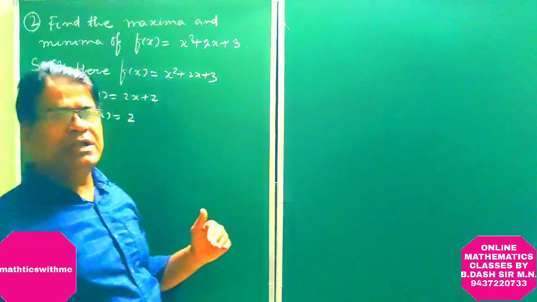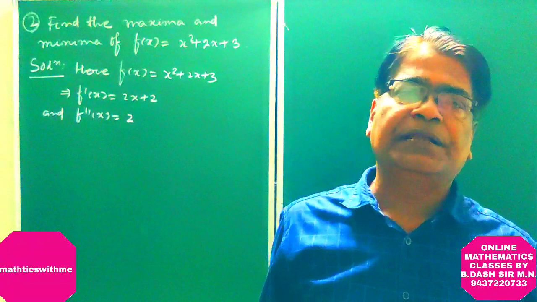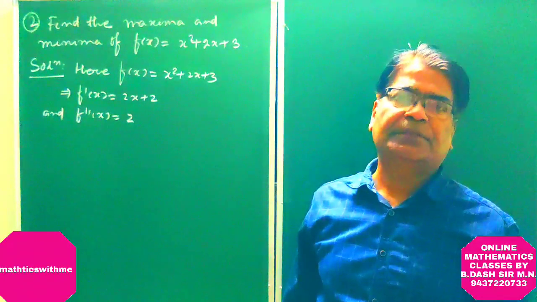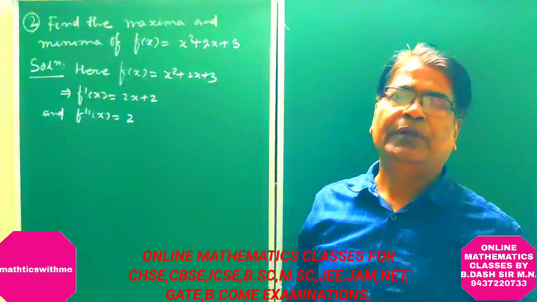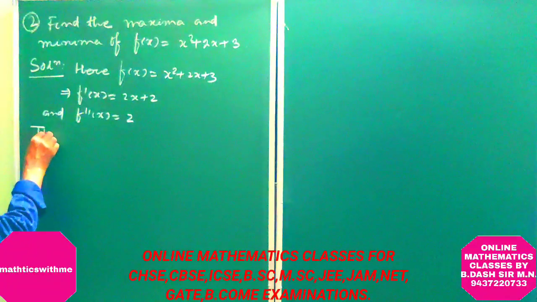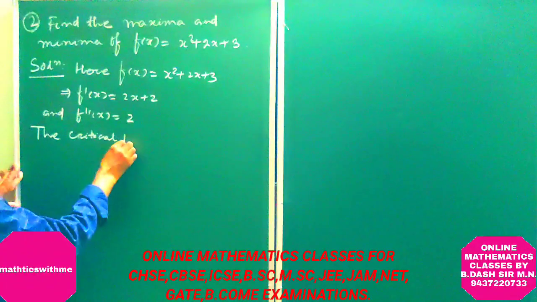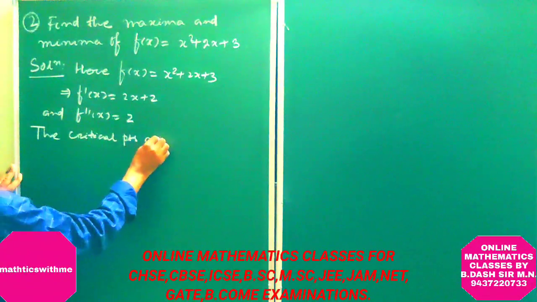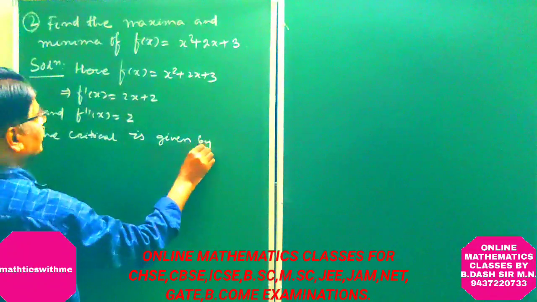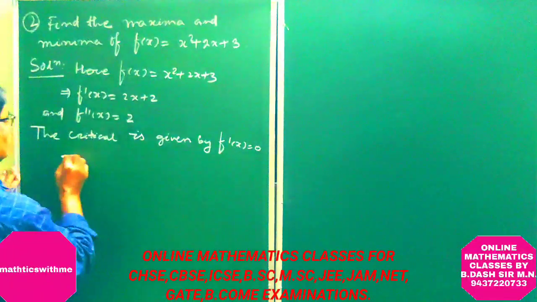So first of all, we have to find the first and second derivative of the function in order to find the critical points. Critical points are the points where the function will have either maximum or minimum. The critical points are given by f dash of x is equal to 0.